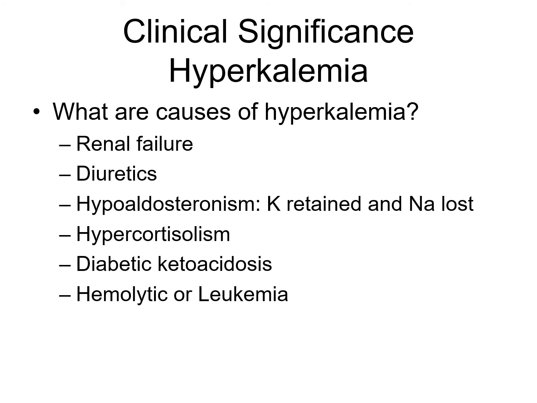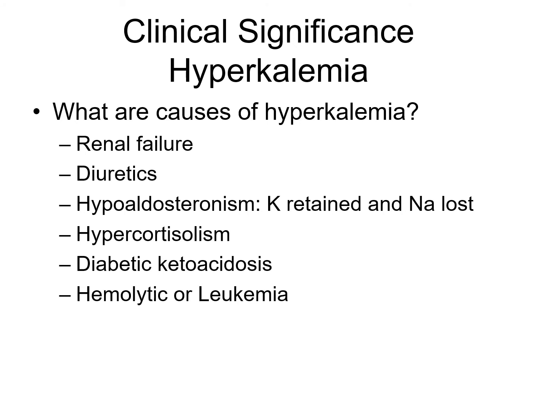What are the causes of hyperkalemia? These are the different conditions that can result in elevated potassium level in the blood. Renal failure, the ingestion of diuretics, those medications that cause a person to urinate more.